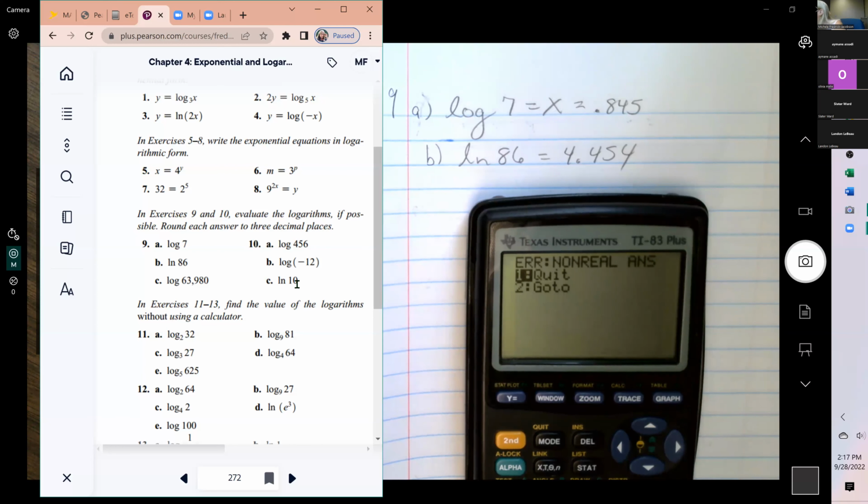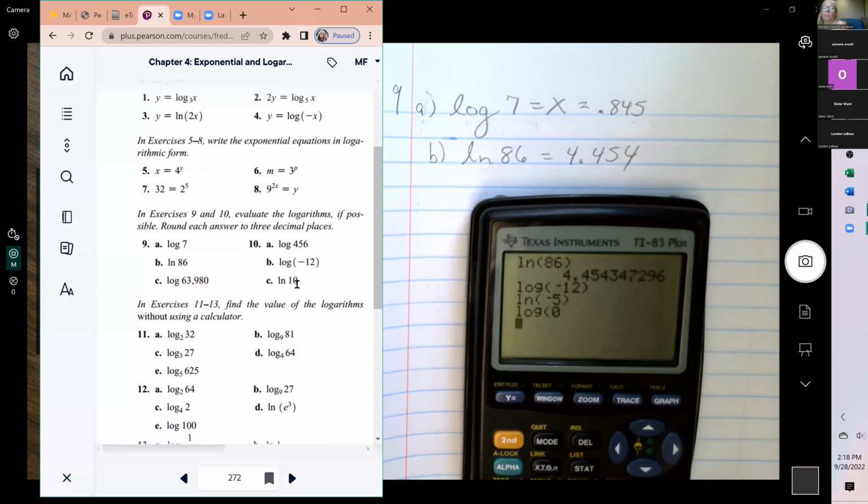Log of 0. So if you do get an error, double check that you plugged it in right. But you cannot take the log of a negative number or 0. Any questions?